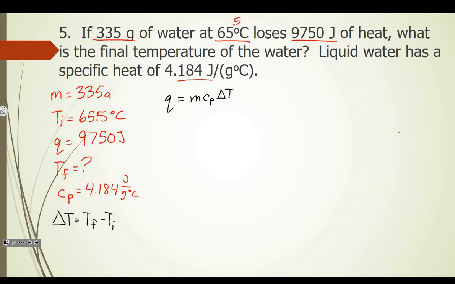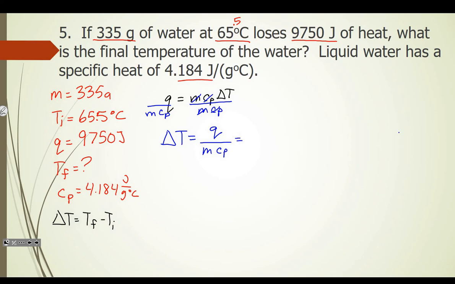Okay, so I'm going to rearrange this equation so that I'm solving for delta T. To do that, I'm going to divide both sides by the MCP. By doing that, mass cancels, CP cancels, and I've got delta T by itself. So I can say delta T is equal to Q divided by MCP.